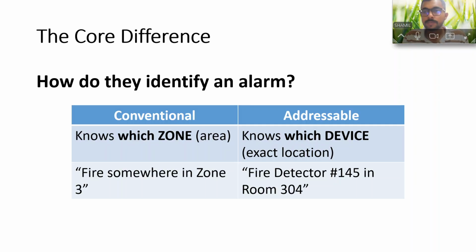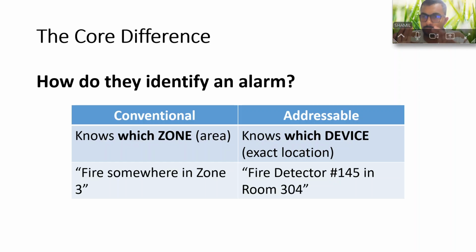Now, when it comes to an addressable system, suppose there is a fire detector, as you see on the screen, with the number 145. In case that detector gets triggered, the fire alarm control panel will show that fire detector 145 is in alarm condition in room number 304, which is located on the first floor.